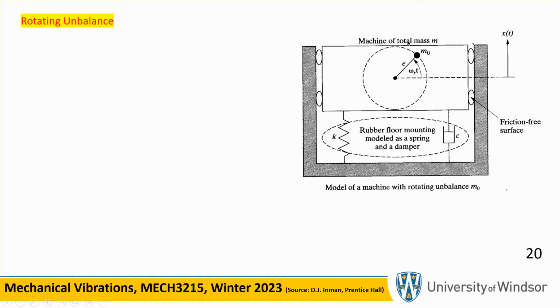But the center of mass of the blade is somewhere else. So this M naught represents the mass of the three blades with part of it missing, and E is the distance of the center of mass of that broken thing to the center of rotation. So that's what I mean by mass imbalance.